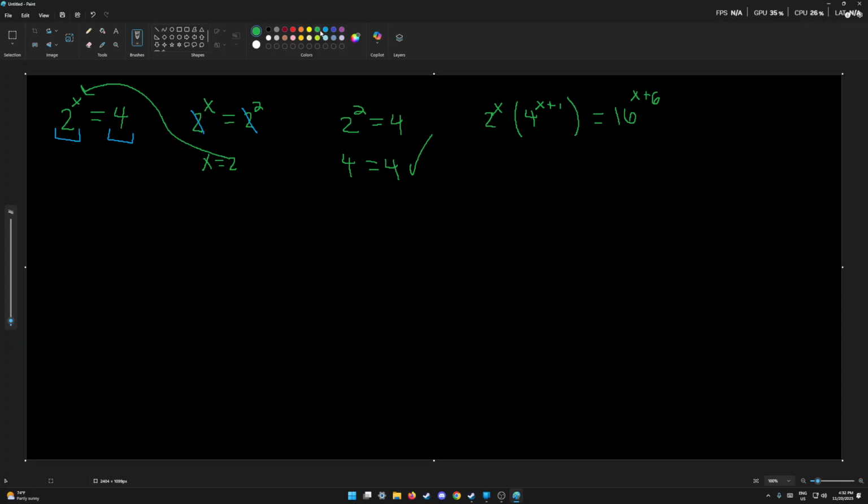So I chose all of these numbers because they're all going to be able to be kind of watered down into being some form of 2 to the something.